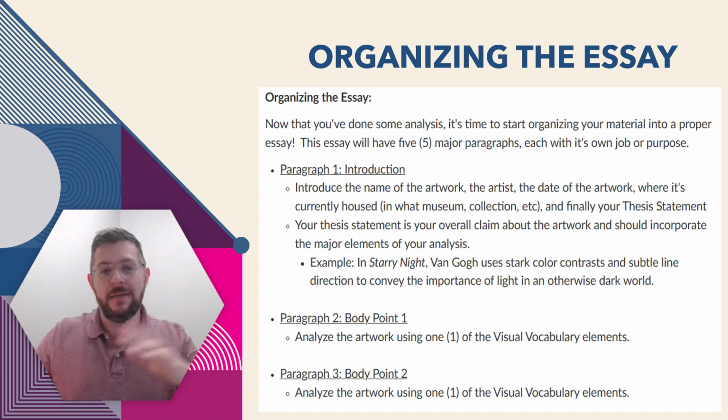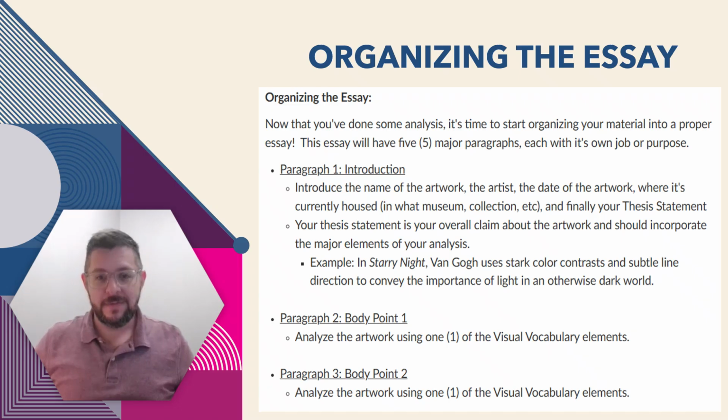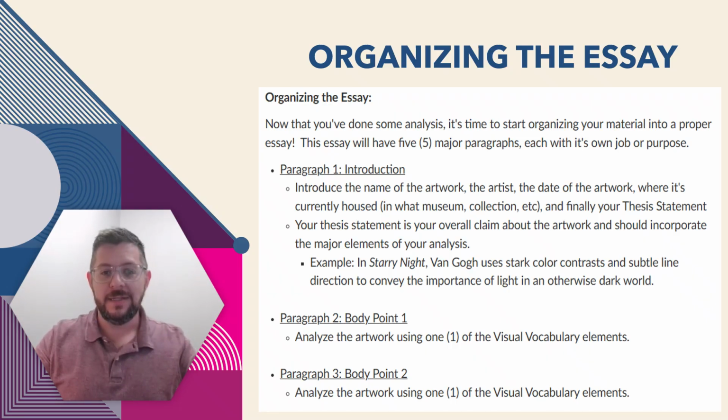He's using something. So I have my visual vocabulary elements, color contrast and line direction. And then I have my claim, what it is that I think the artwork means or what the artist is actually doing. In this example, it's to convey light in an otherwise dark world. And so, again, we're going to spend plenty of time on just thesis statements, but that gives you the idea.